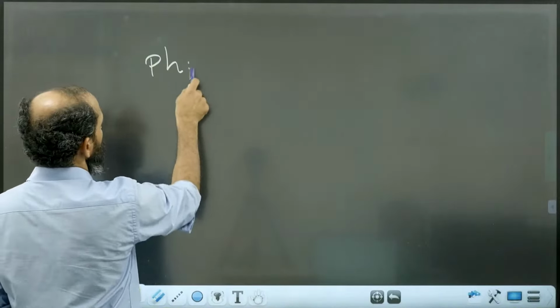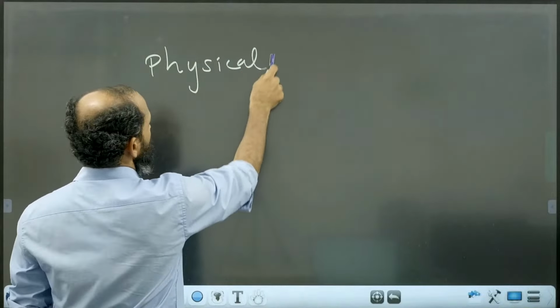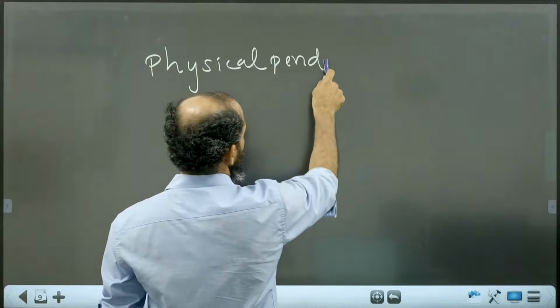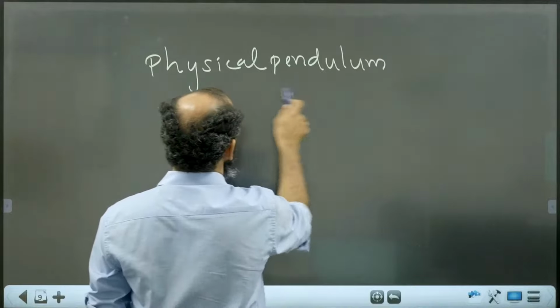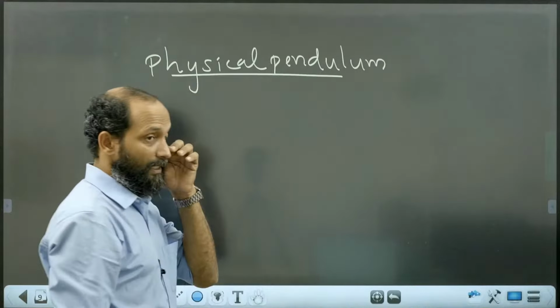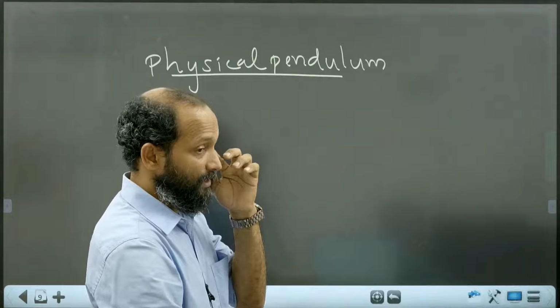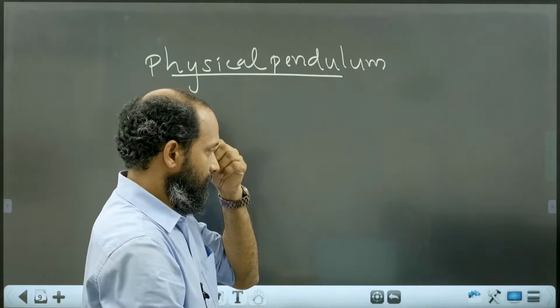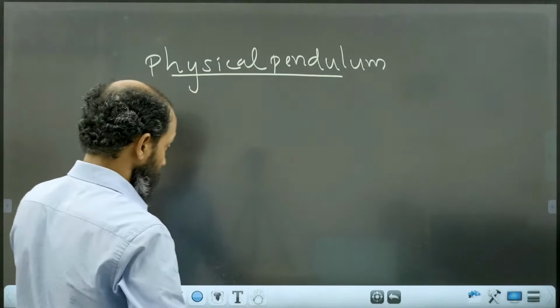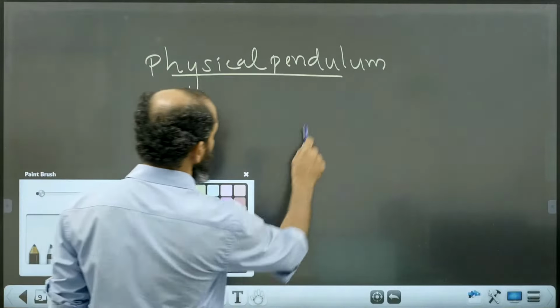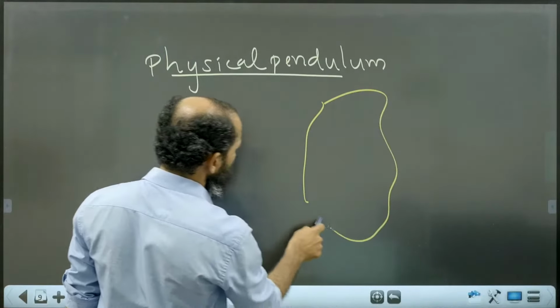Now, physical pendulum. The next illustration is the physical pendulum. A physical pendulum is any rigid body which is capable of oscillating in a vertical plane about a fixed point over it. The rigid body may be of any irregular shape like this.